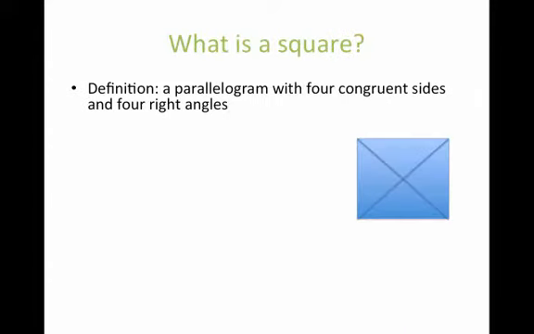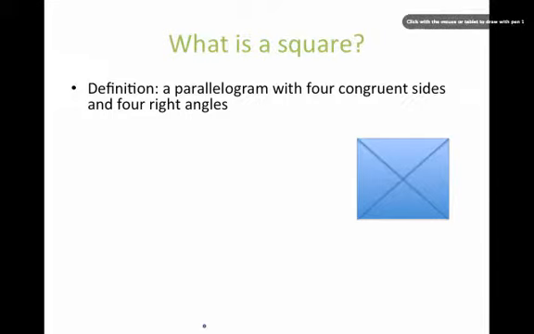So let's talk about the super special parallelogram. The super special parallelogram is a square. A square is a parallelogram with 4 congruent sides and 4 right angles.